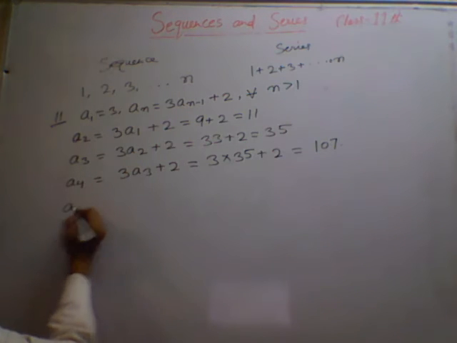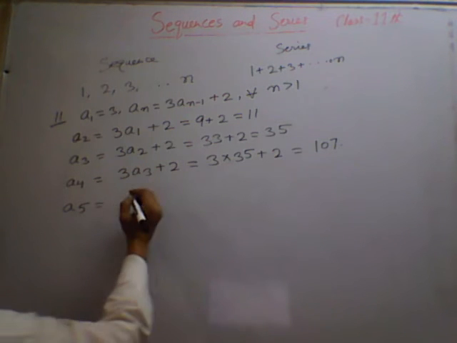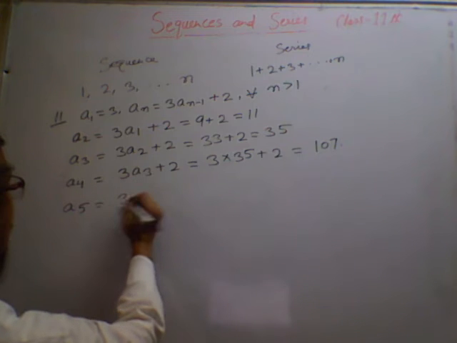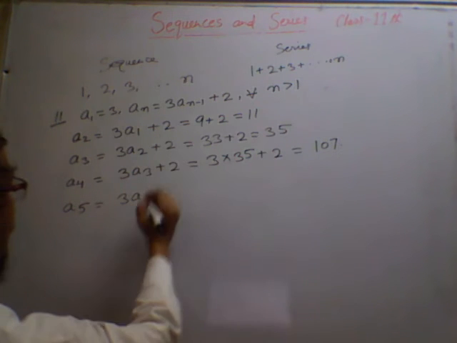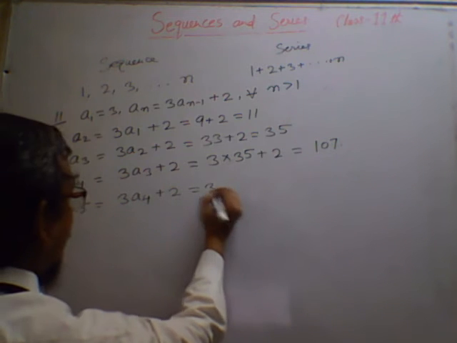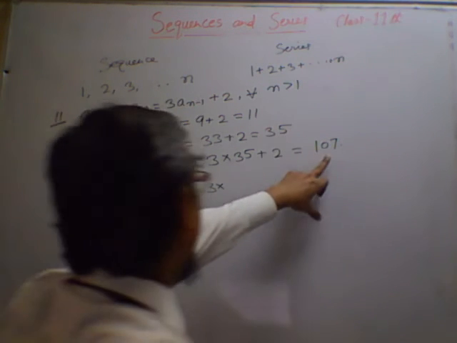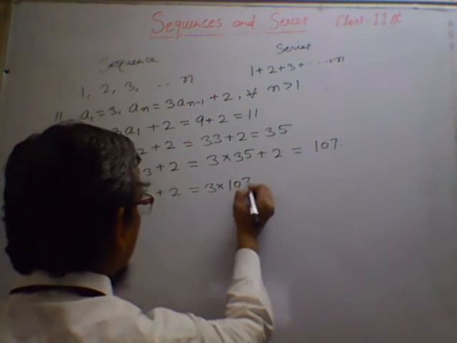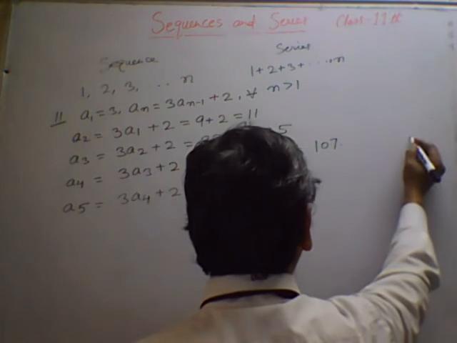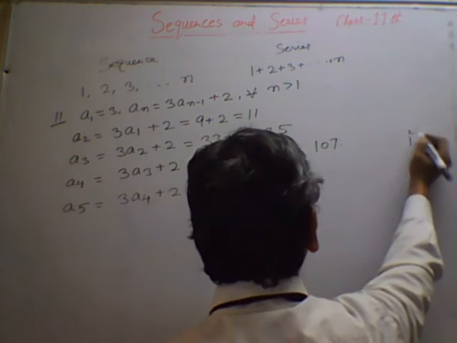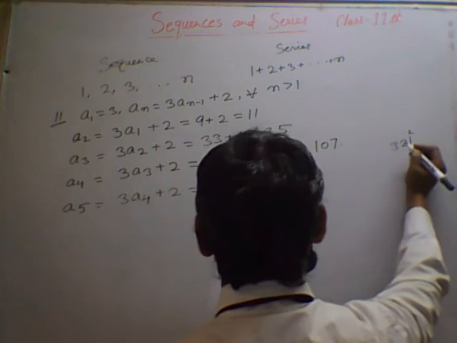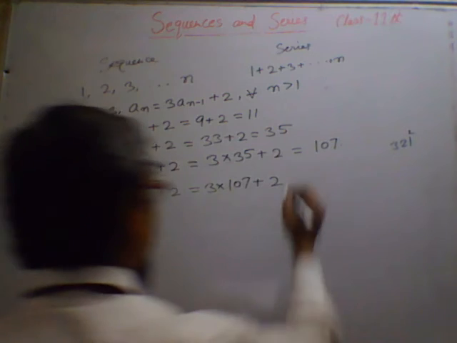Now a5 equals 3a5 minus 1, which is a4, plus 2, and we have a4 equal to 107. 3 times 107 is 321, plus 2, 323.